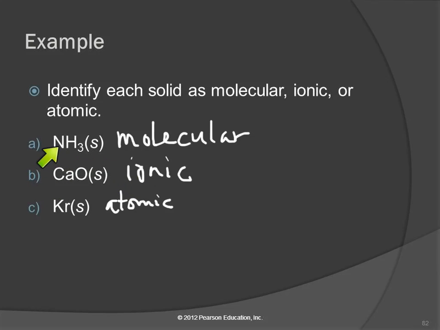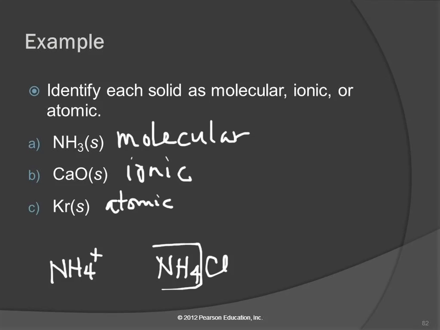If there's no metals, it's molecular. There's only one exception to that. If you have NH4, you have that ammonium ion. That probably won't show up on an exam though. But if you had NH4Cl, we need to recognize that this is an ion, and so that would be an ionic solid.